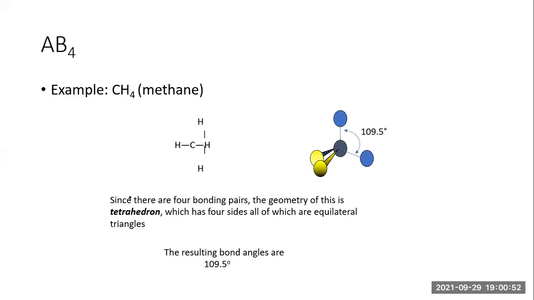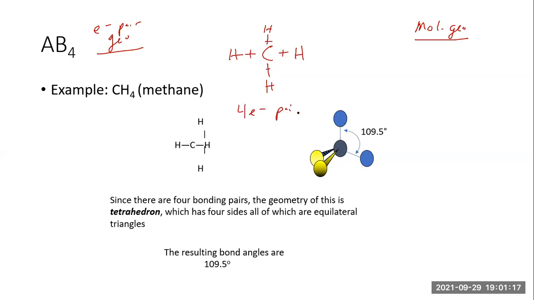We'll continue with a central atom that has four things attached. That is a very badly drawn one, so let me redraw it correctly. All right. Again, our electron pair geometry and our molecular geometry, our shape. Here we look at the carbon in the middle. It's got 1, 2, 3, 4 electron pairs, and it also has 1, 2, 3, 4 bonds.